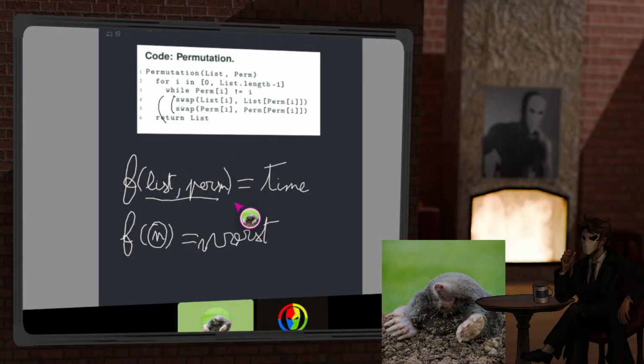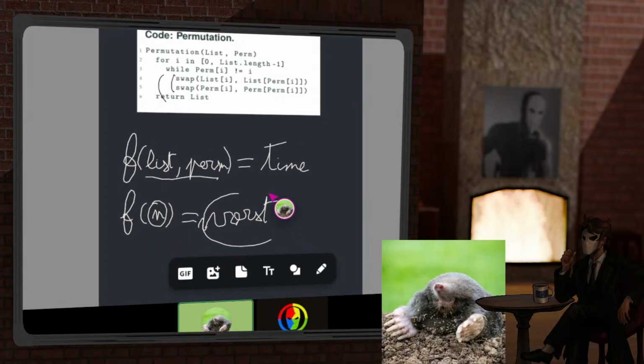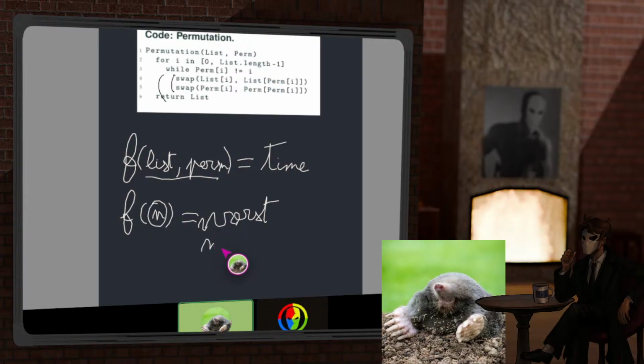Because now we have a pretty standard function. It takes a number as input, it gives a number as output, and we can write it like this, compared to this function where it takes a list of values as inputs.